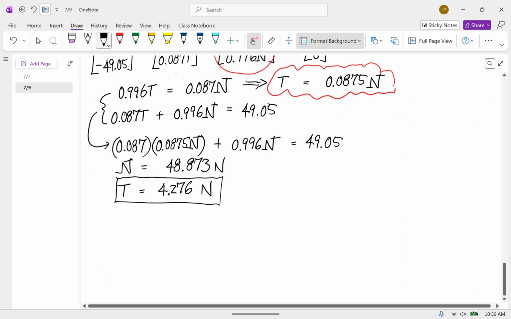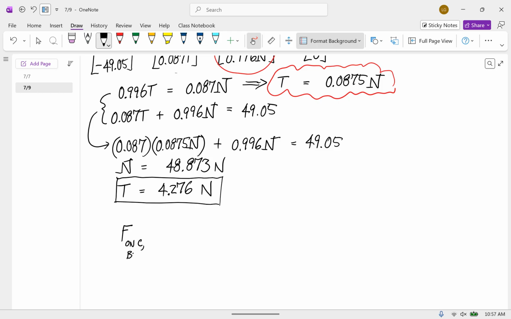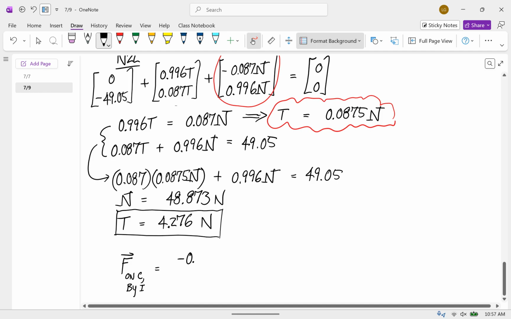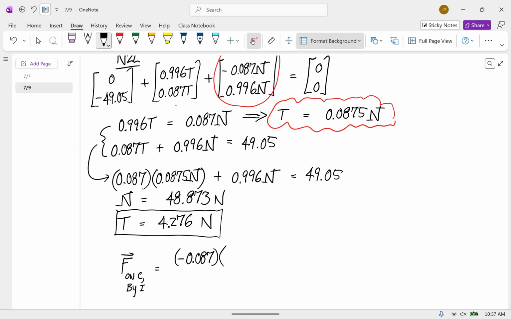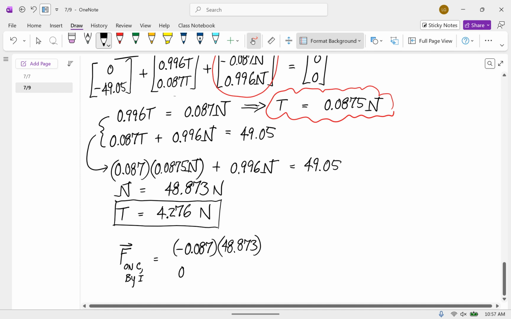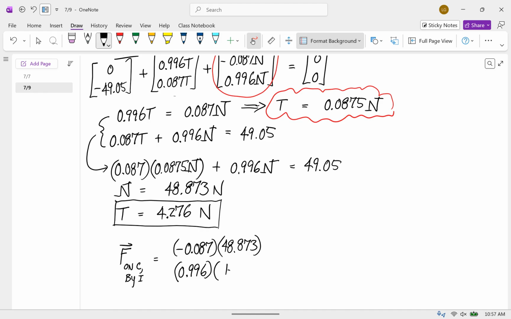So I'll write this as the force on the cart by the incline, and it's equal to negative 0.087 times 48.873 for the x component. For the y component, it's positive 0.996 times 48.873.